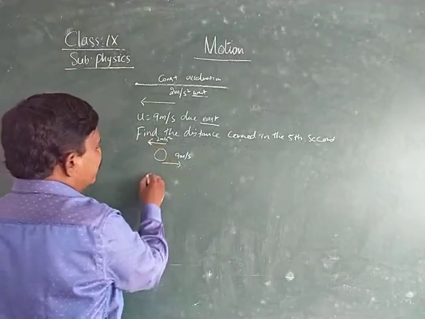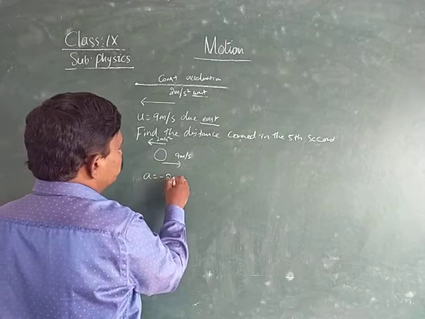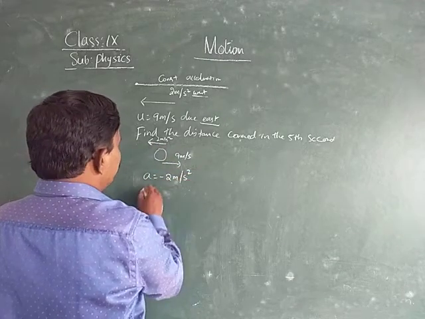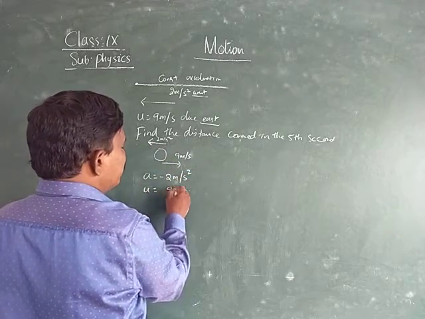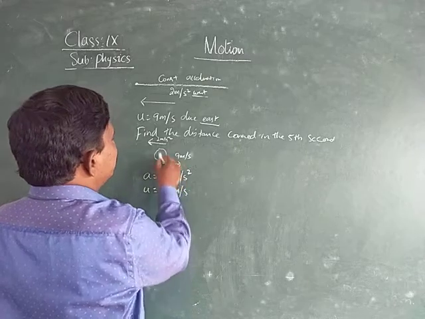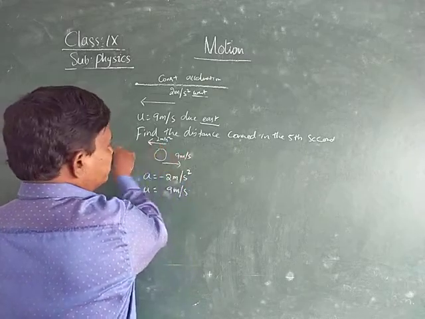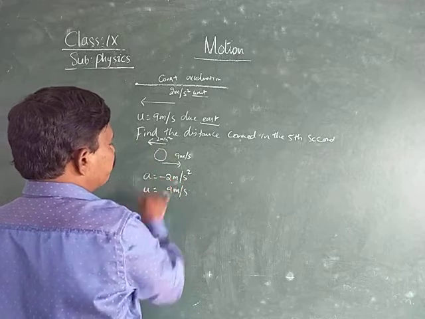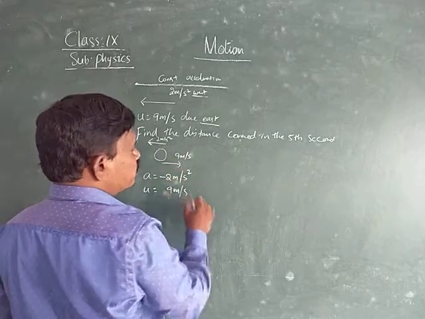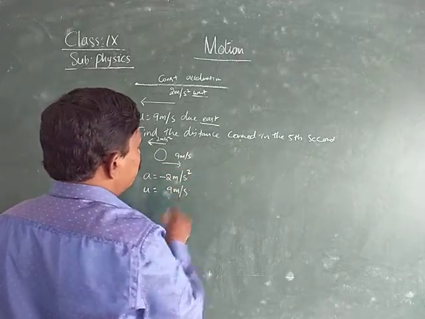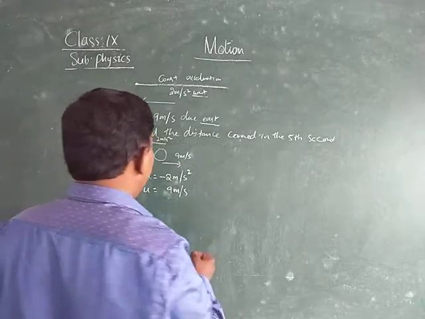Therefore, how should we take it? A is taken as minus 2 meters per second square, whereas U is taken as 9 meters per second. It is moving towards west, left side. Left side means we should take minus. Right side means you should take positive. East positive, like that also we can take.